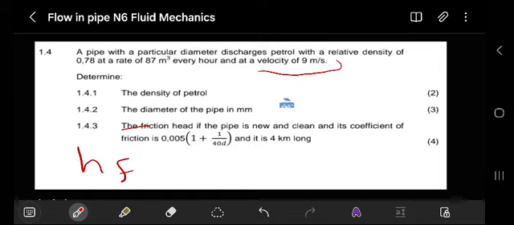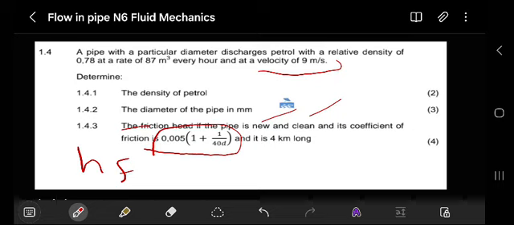We want the friction head if the pipe is new, they use the new pipe and clean, okay? All right, and its coefficient of friction is this. They state we're supposed to use this to find the coefficient of friction because it's a new and clean pipe, right?